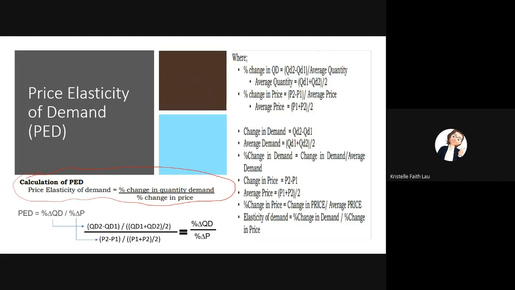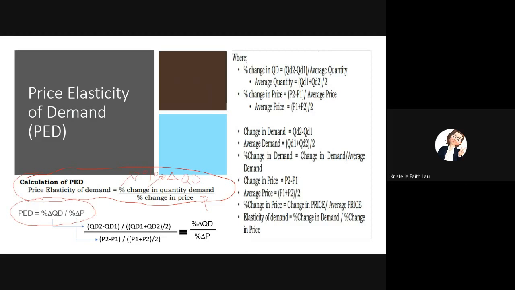Class, let us shorten the formula we will use. We still use the percentage sign, but for the change, the symbol we will use is the triangle. So, percentage change in quantity demanded, QD, over the percentage change in price, P. Here is our shortcut calculation for the PED.